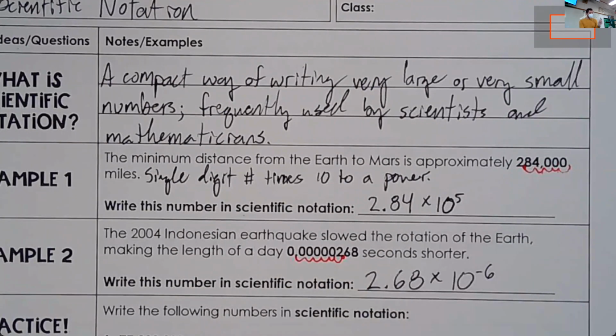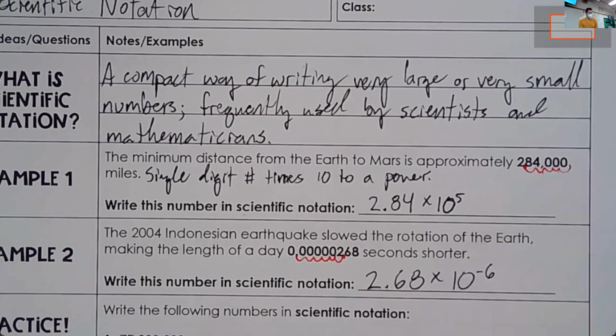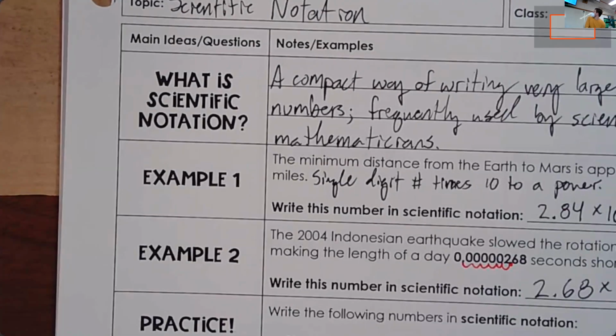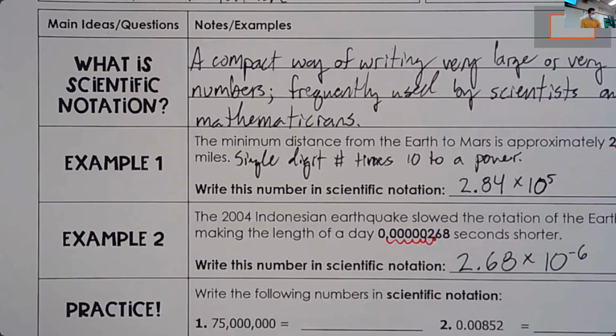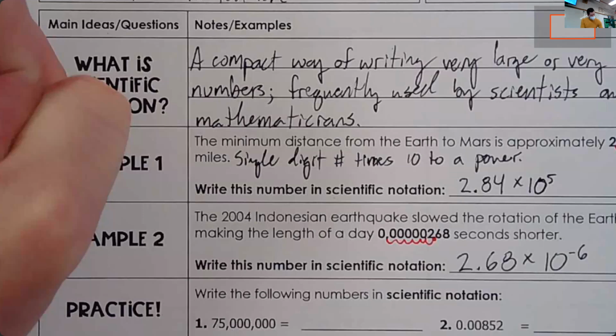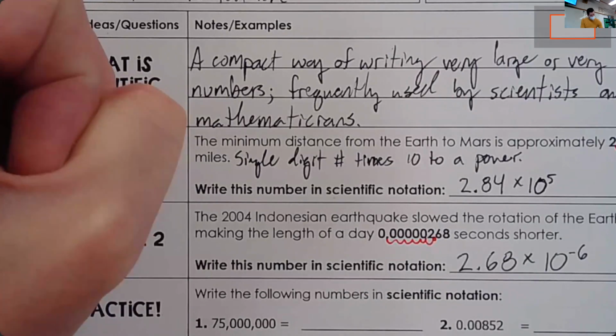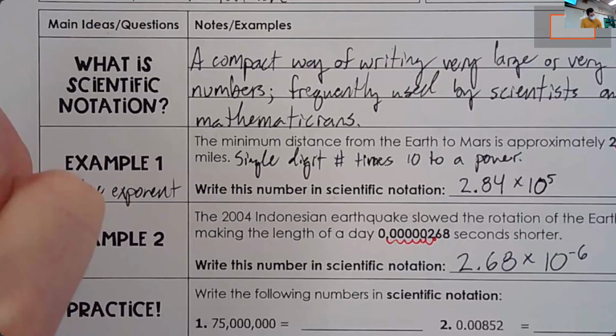So if you start with a decimal, you will have a negative exponent. If you start with a large number, you will have a positive exponent. And that's actually something that we should probably write underneath example 1 and underneath example 2. So I'm going to say positive exponent here, and then down with example 2, negative exponent.